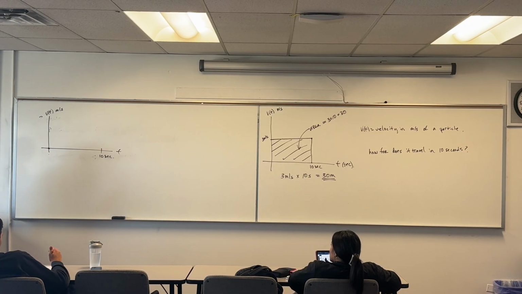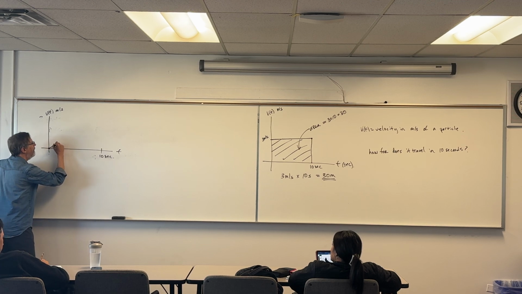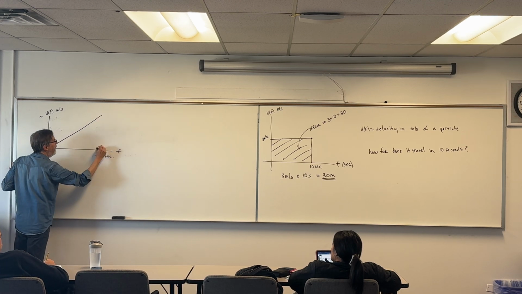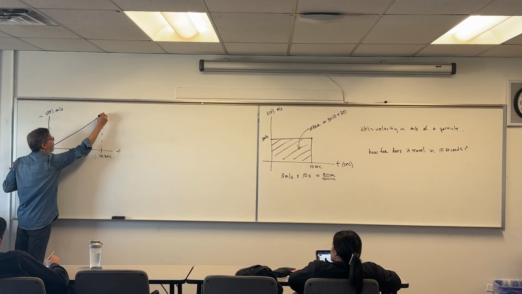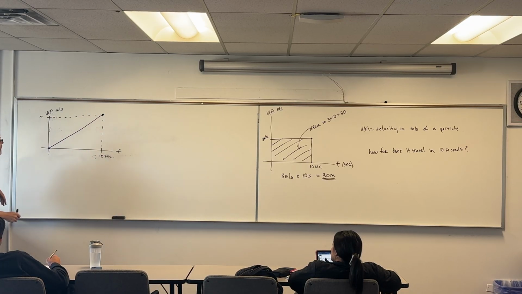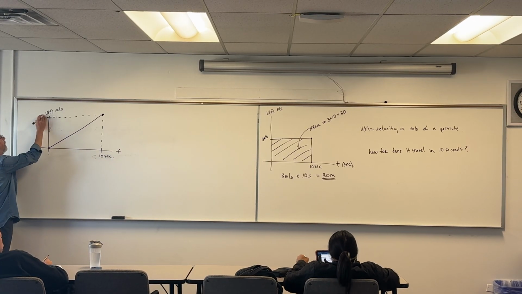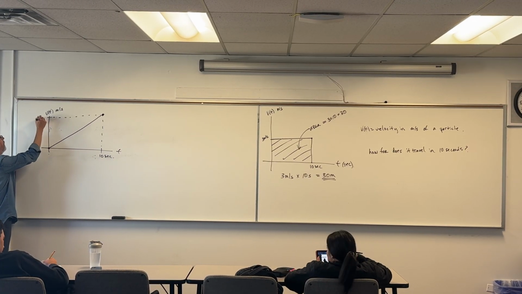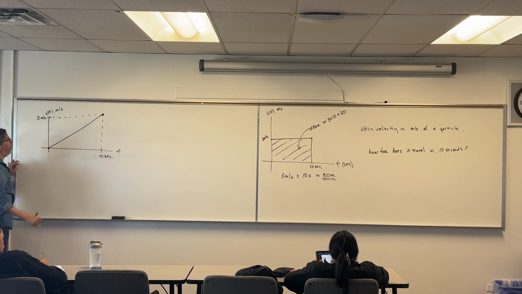And then I press on the pedal and start moving forward. And by the end of the time, I'm up here. Now let's say that the height on that is, let's say 3 meters per second as well.